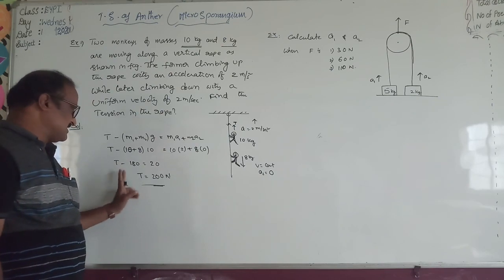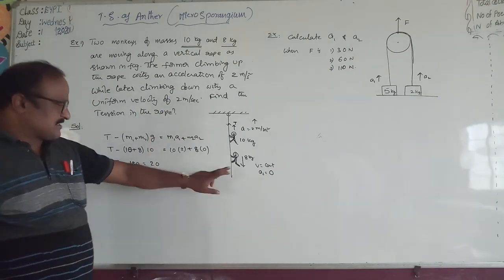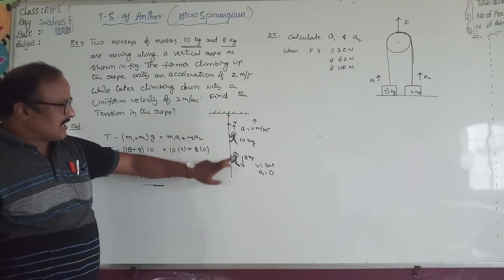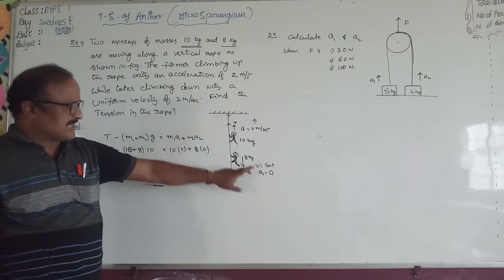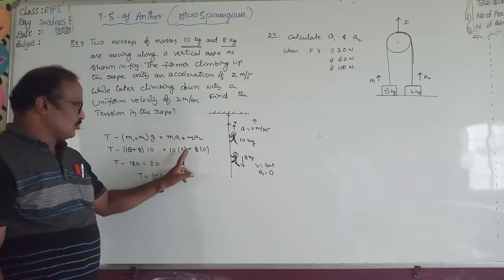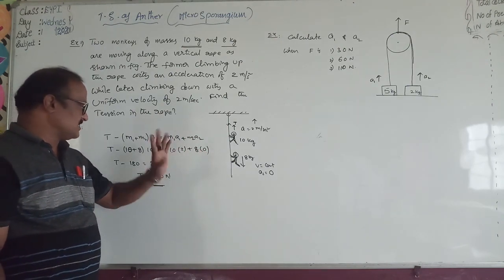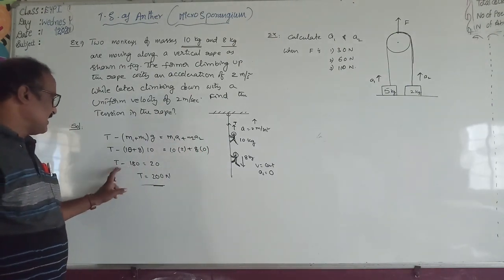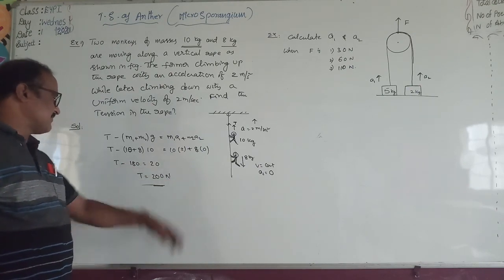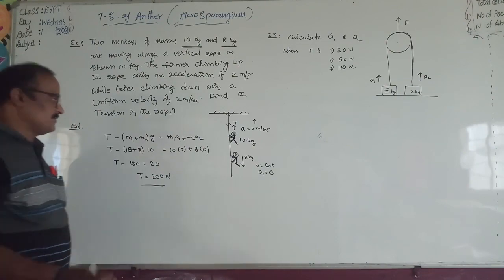Suppose both the monkeys are moving upward with the same acceleration: m1a1 plus m2a2, 10 into 2 plus 8 into 2, that is 20 plus 16, equal to 36. This is equivalent to T minus 180 equal to 36, and T is equal to 180 plus 36. So in this way we can calculate.